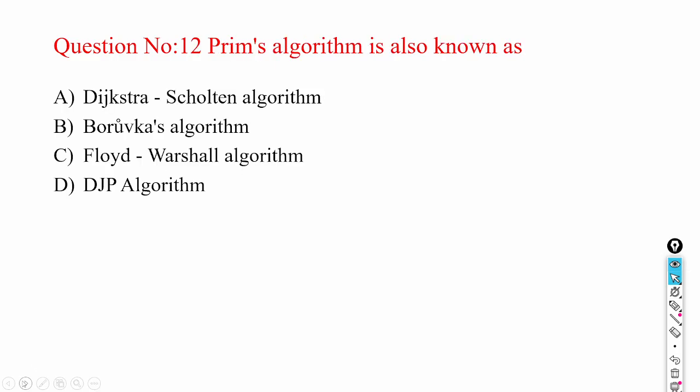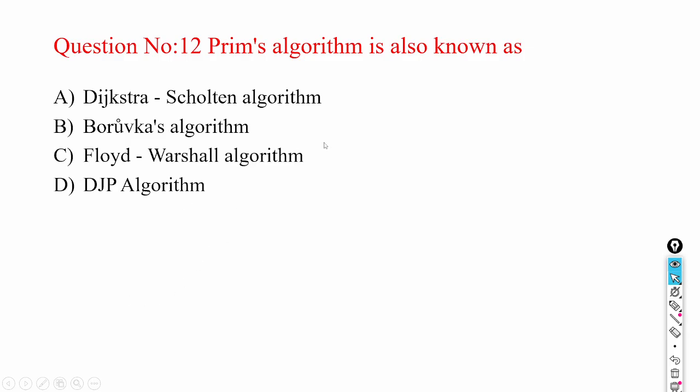Question number 12. Prim's algorithm is also known as Dijkstra's algorithm, Boruvka's algorithm, Floyd Warshall algorithm, or DJP algorithm. Here the correct answer is option D. Prim's algorithm is a greedy minimum spanning tree algorithm.